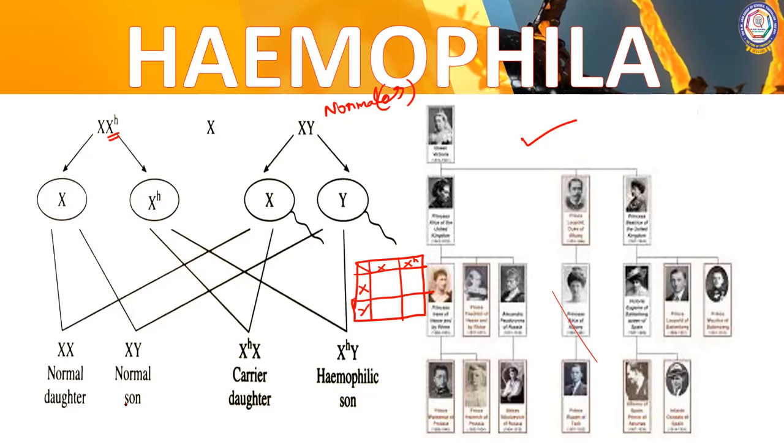So how many percentage of normal and carrier? Here 50% normal. In this 50%, 25% normal daughter, 25% normal son. We started with carrier, I'll continue now. How many percentage carrier? 25% carrier, and that 25% should be the female.